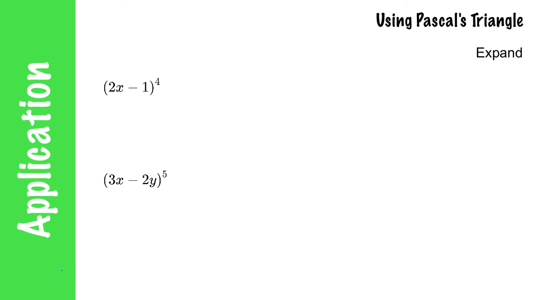And now we're going to use Pascal's triangle to expand each of the examples that you see on the screen. Since the exponent is 4, I know that the coefficients will be 1, 4, 6, 4, and 1.